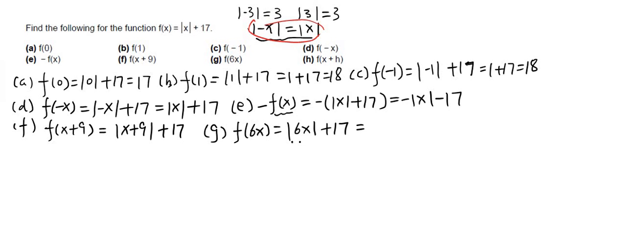Here is a multiplication, and we know 6 is positive, so we can move the 6 out of the absolute value. That should be 6 times absolute value x, plus 17.